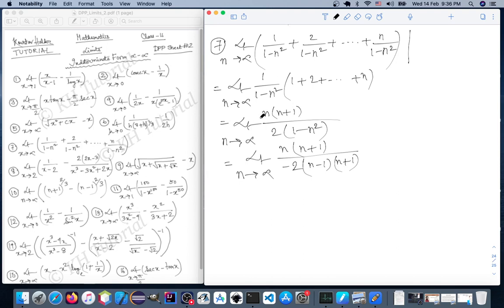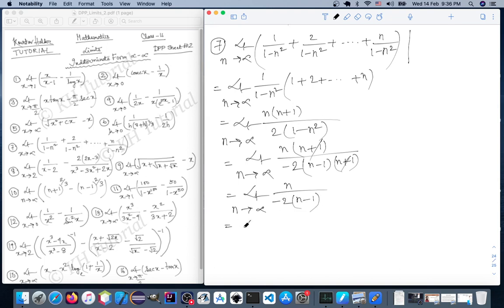So from here, n plus 1 cancels out, and we are left with the limit as n tends to infinity of n by minus 2 (n minus 1).